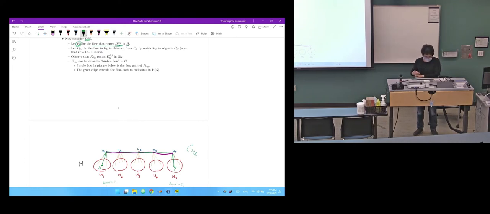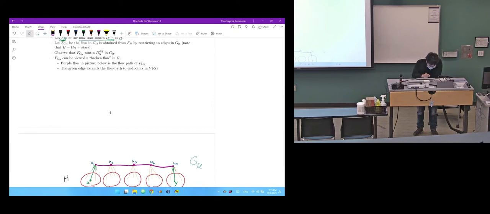Okay. So let me define F_GU to be the flow in G_U. This is obtained from F_H just by restricting this flow to the edges of G_U. So really just remove the green edges. Then I have obtained this F_GU.